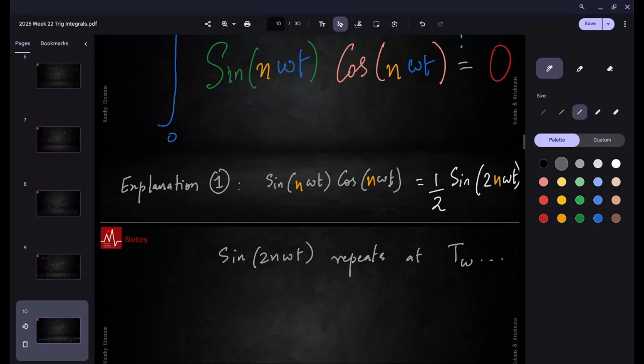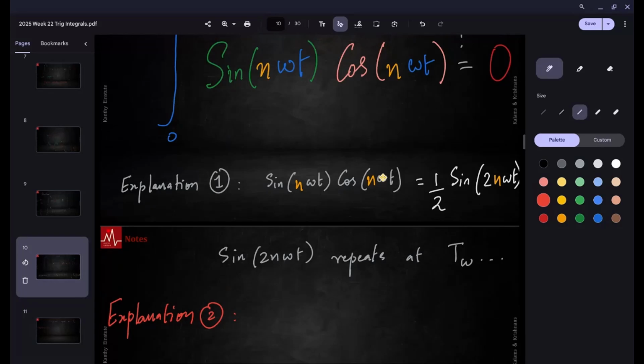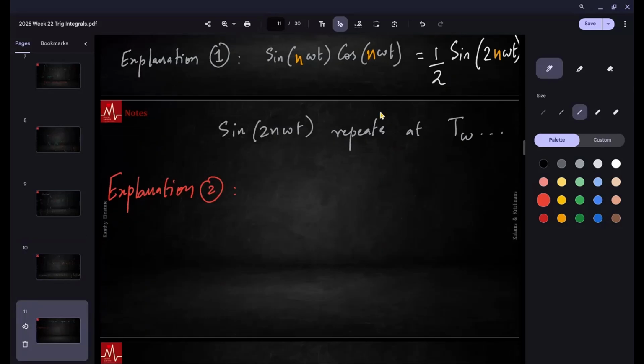Let's also look at explanation 2. This is sine of n omega t cos of n omega t equals half of sin cos.